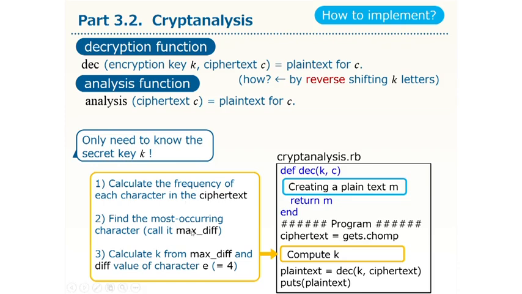We earlier studied a way to find the highest number within the array. We were also able to compute its location. Here it is, this variable. We put this information in this variable. On the other hand, diff of E is 4, so the difference between max diff and the diff of E tells you the K. So we can calculate K from these two values. Let's consider this calculation more precisely in the exercise.